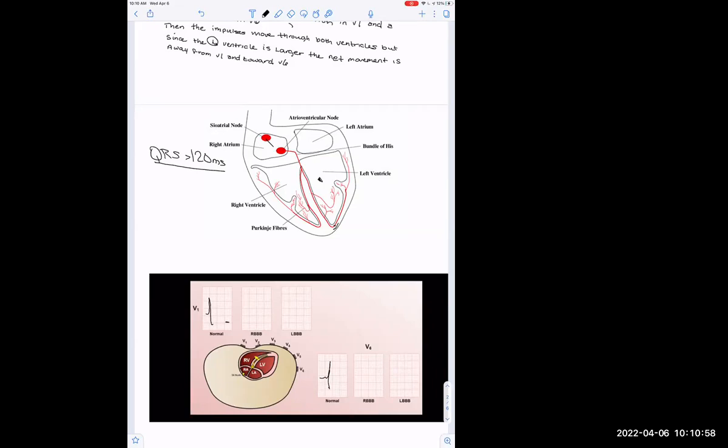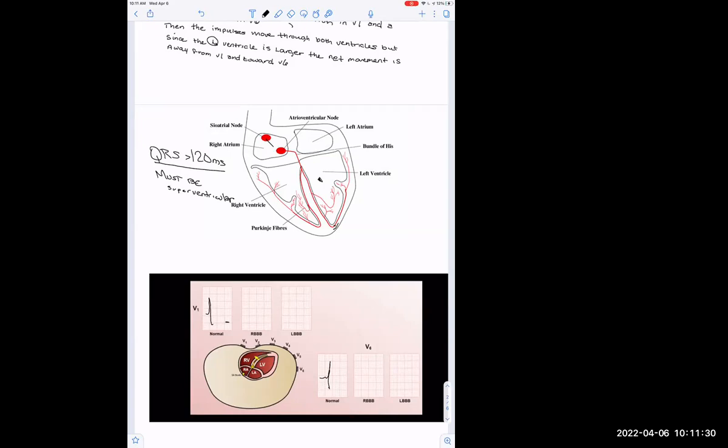And we have to remember that in order for it to be a bundle branch block, this rhythm must be supraventricular. Supraventricular, okay? That means we are not dealing with ventricular rhythms.